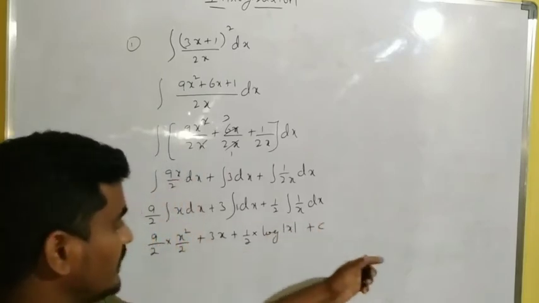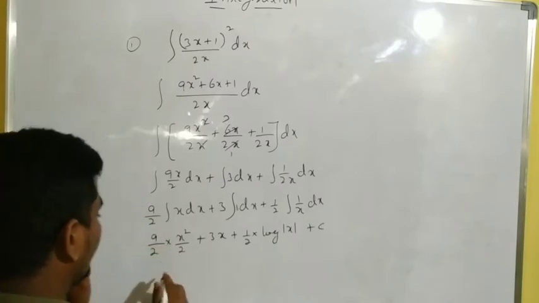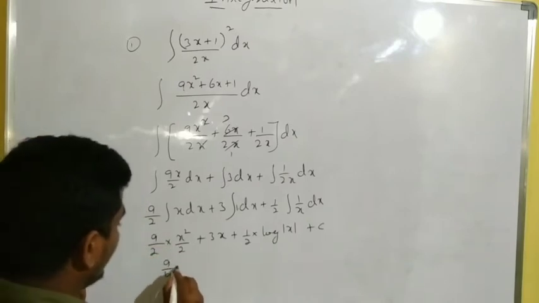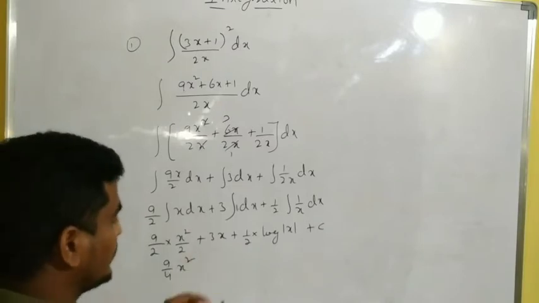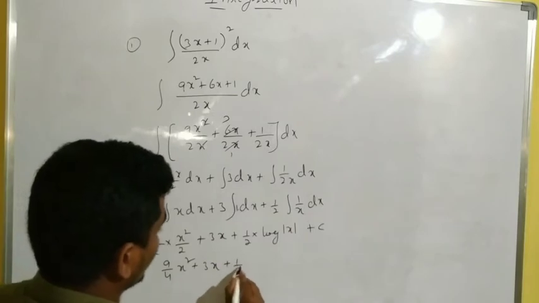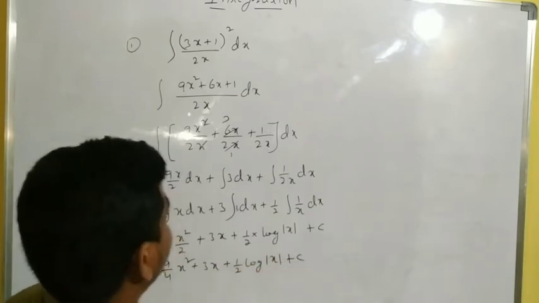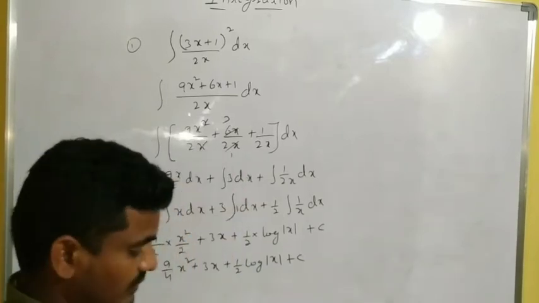For all I am taking a common c. Okay, when I multiply here, 2 2s are 4, here 9 by 4 x square, and this comes 3x, and it is as it is 1 by 2 of log mod x plus c. Like this we can solve the answer.